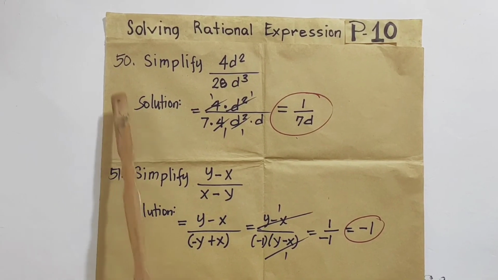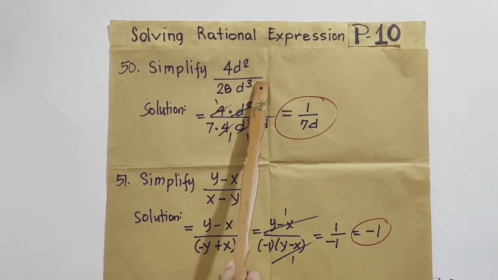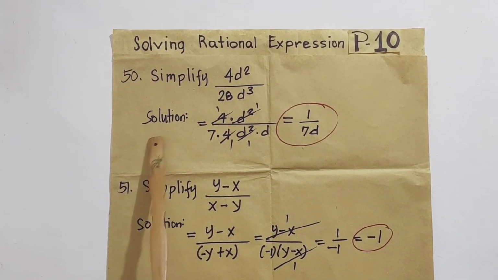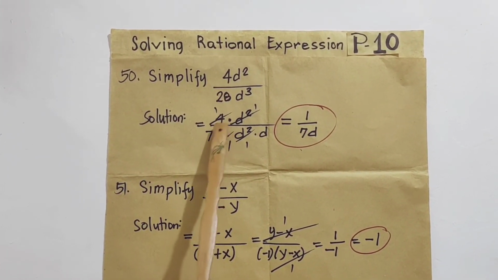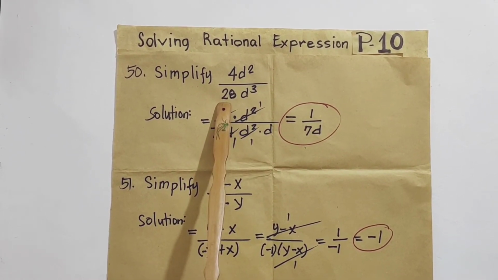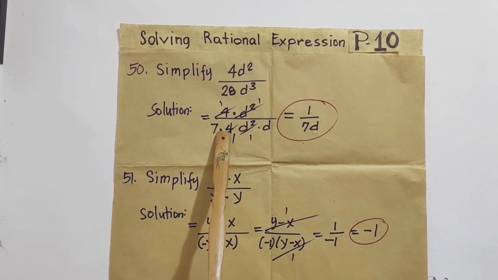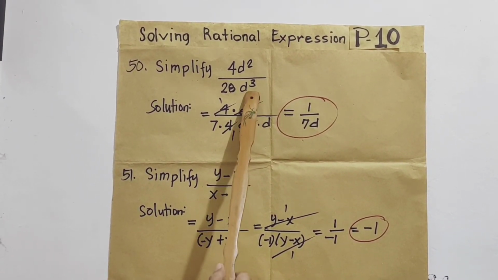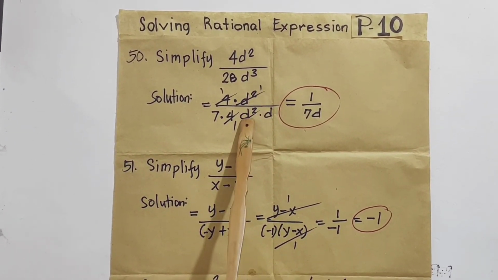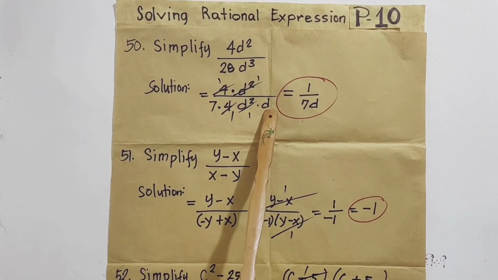Guys, we are now in number 50. Simplify 4d squared over 28d cubed. Our solution, we're going to factor the numerator, 4 times d squared, over, we have to factor the 28, the factor of 28 is 7 times 4, then the factor of d cubed, we will have d squared and d.